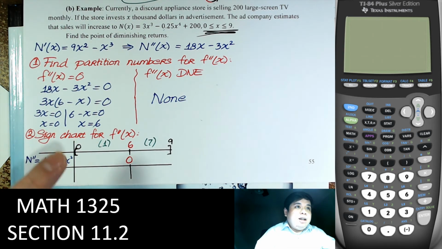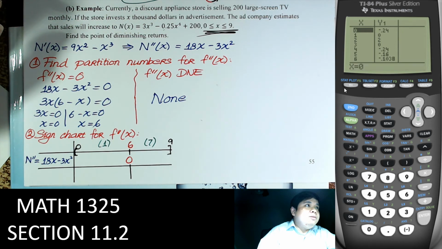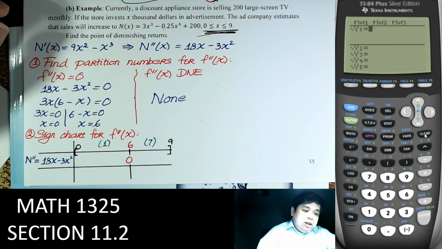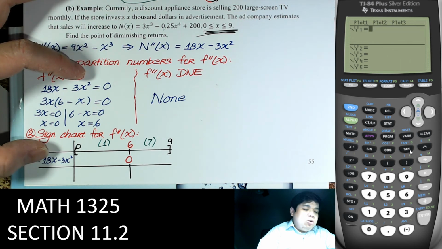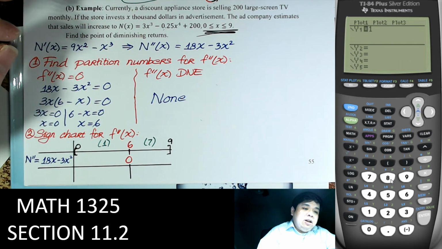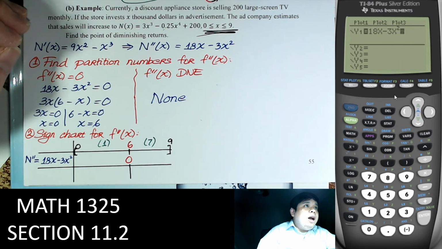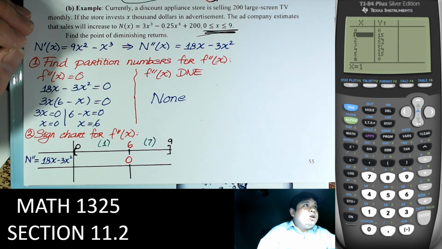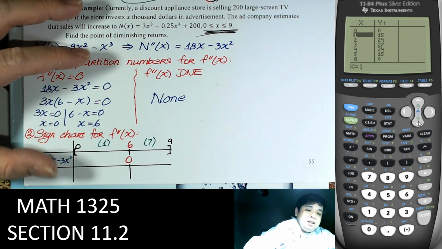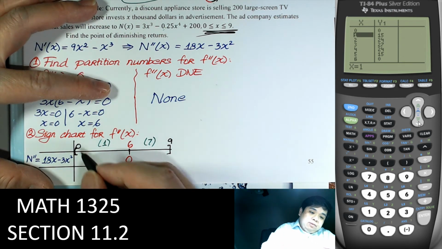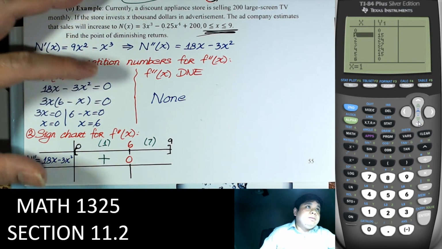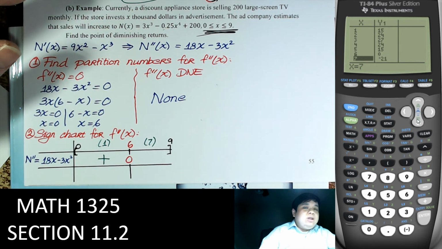So I put 1 in here, and just go to the table. When x equals 1, it is equal to 15, positive. And when x equals 7, it is negative.